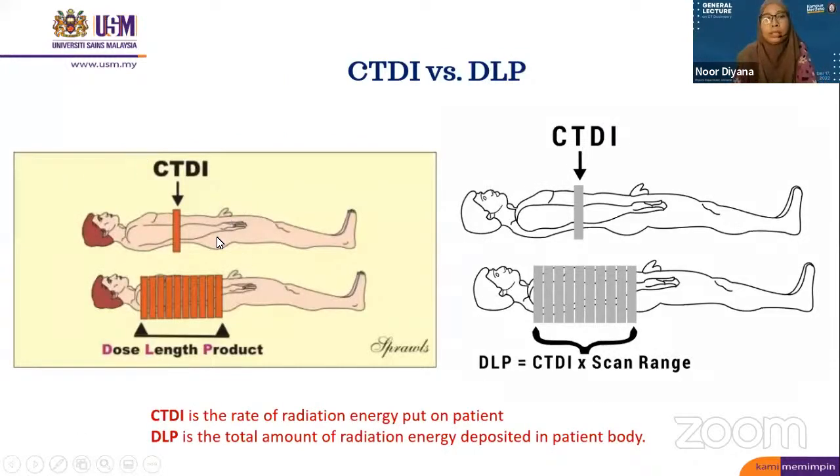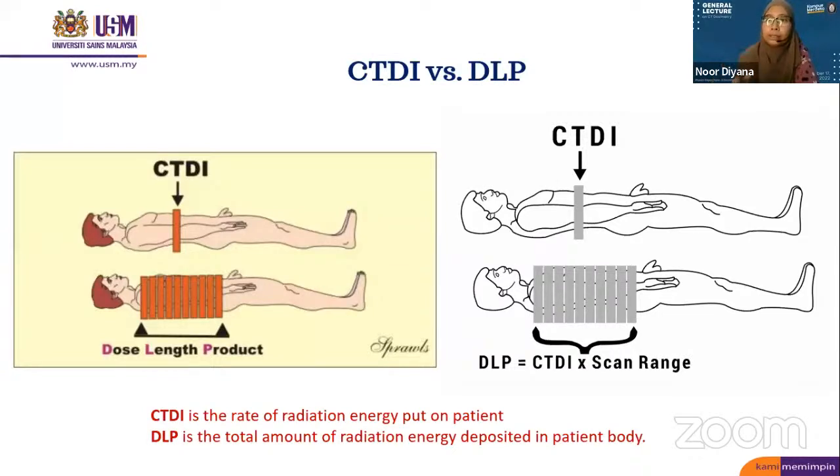So CTDI actually represents the rate of radiation energy on a single slice. But dose length product is the total amount of radiation energy deposited in the patient's body. Let's say we have two patients using the same protocol, with the same exposure settings.